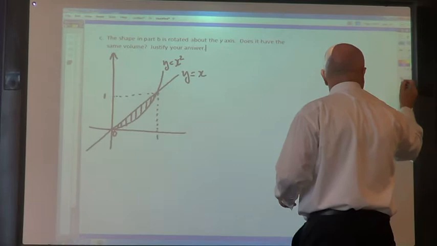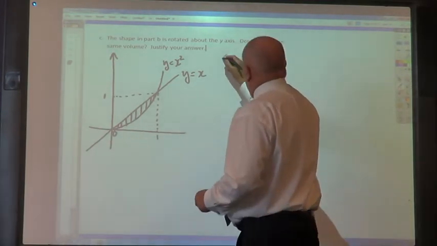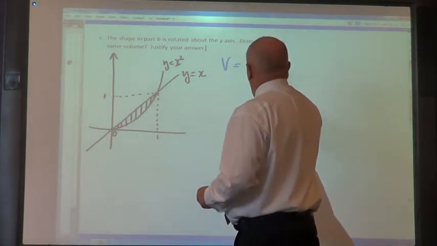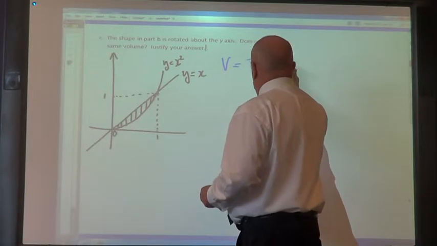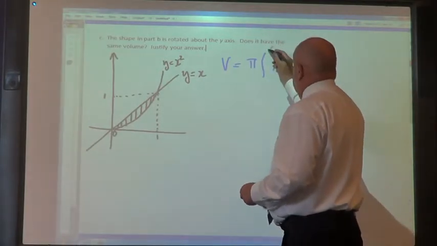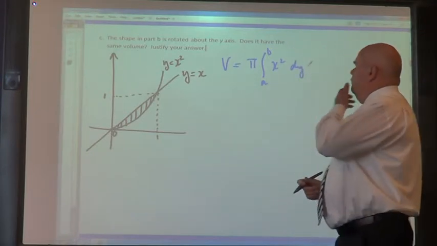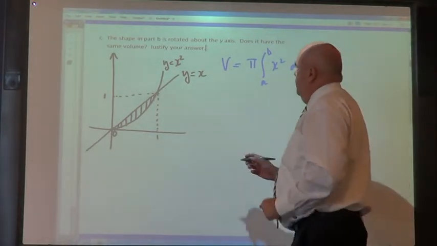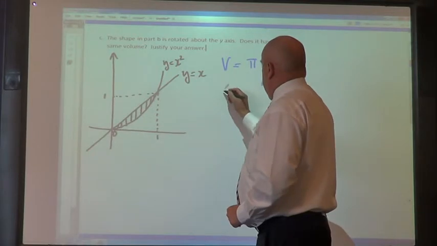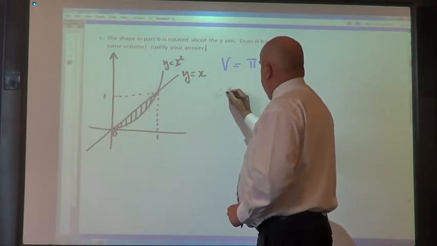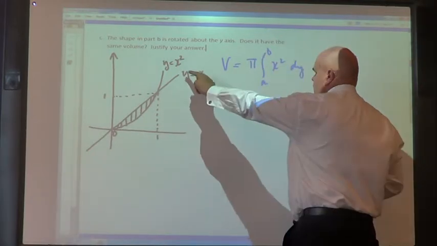Volume equals pi. In this case, it's actually x squared, and our limits b and a, and we're going to integrate in respect of y. So what is x when we make it the subject of our equation?